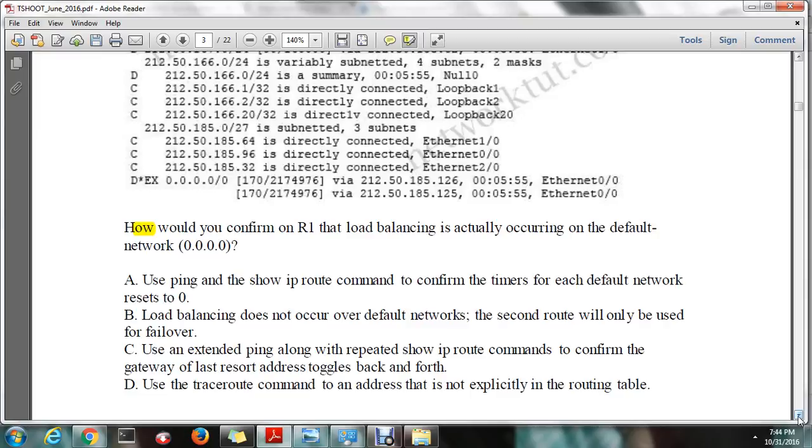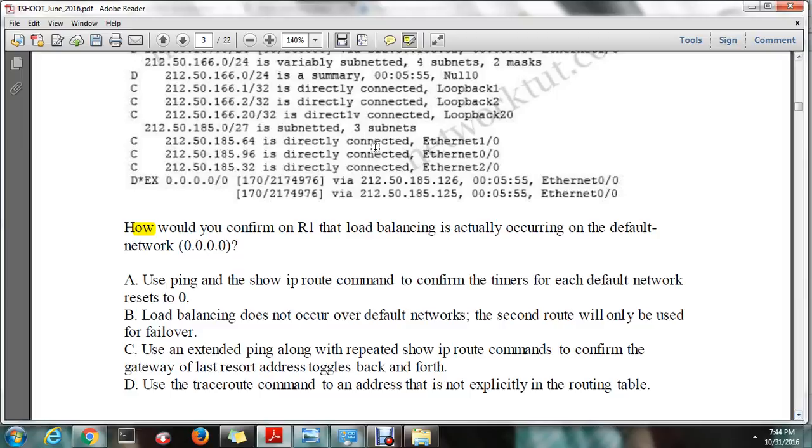The final one is to use the traceroute command to an address that is not explicitly in the routing table. Yes, right. With the traceroute command, google.com is not in the routing table, but 0.0.0.0/0 is in the routing table. So if you run traceroute to google.com, it will show two IPs: one packet will go via 185.126 and the other packet will go via 212.50.185.125.